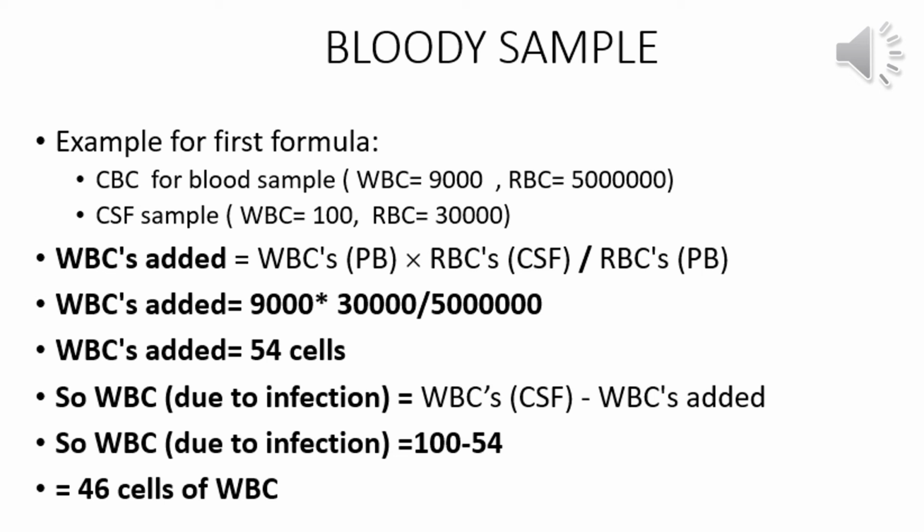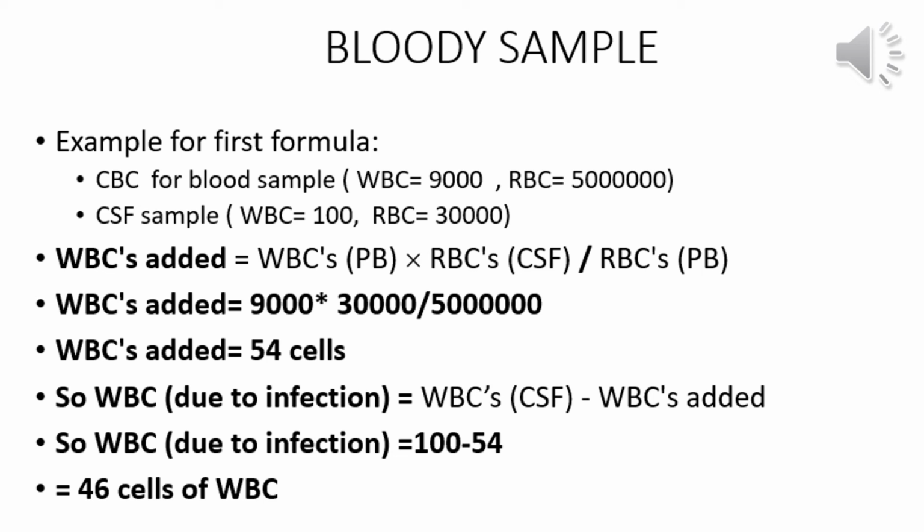So we can apply these numbers on the first formula. White BC added, that come from the peripheral blood, you need to know this number. So the number of white BC that come from peripheral blood multiplied by RBC in CSF divided by RBC in the peripheral blood.